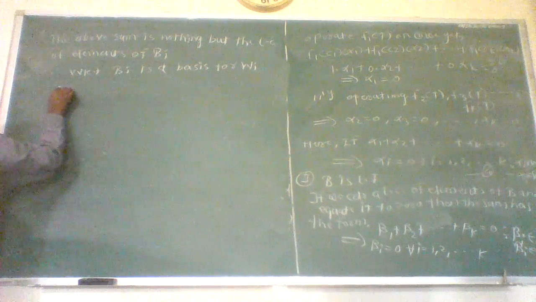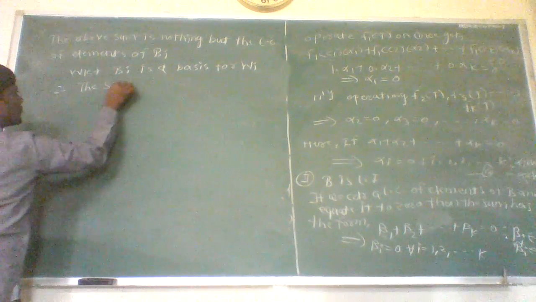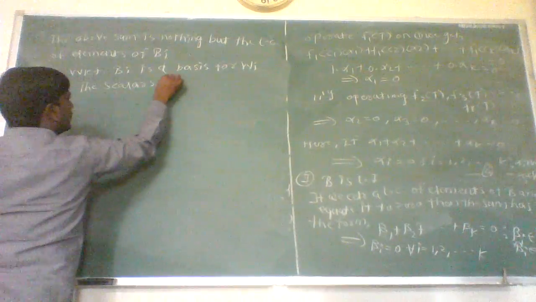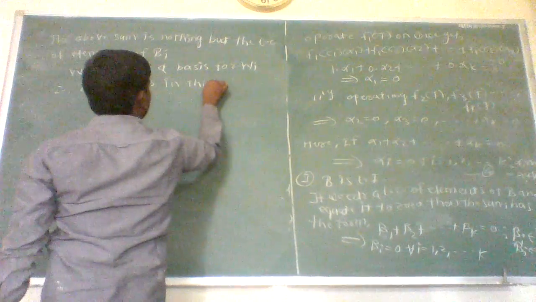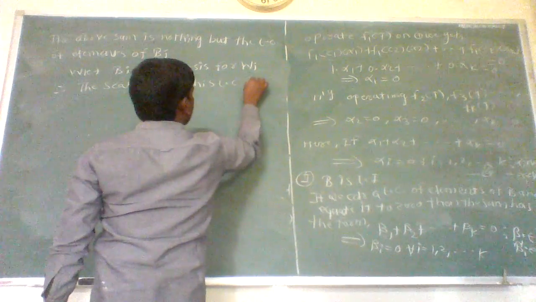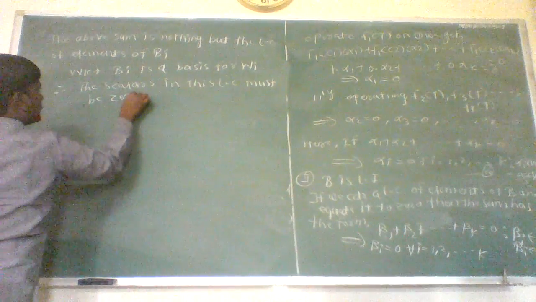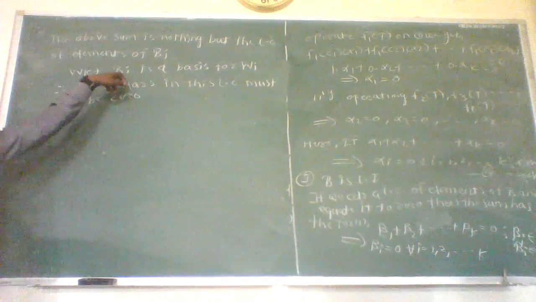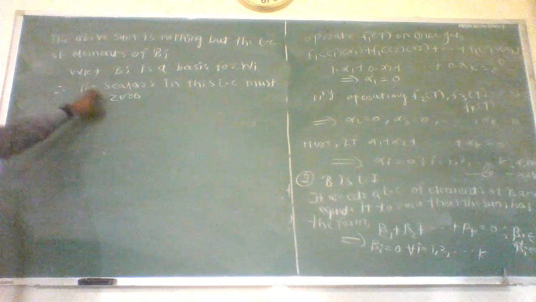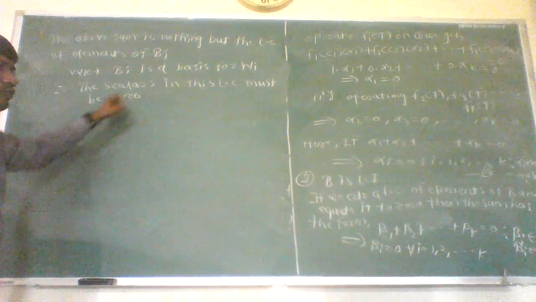Therefore the scalars in this linear combination must be 0, which is true for each Bi, since each Bi is a basis for Wi.